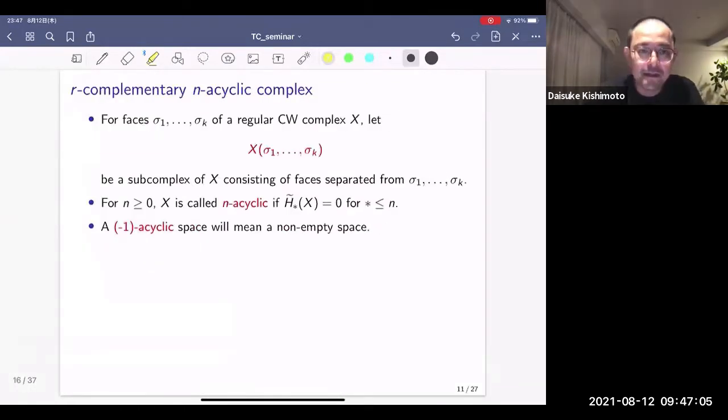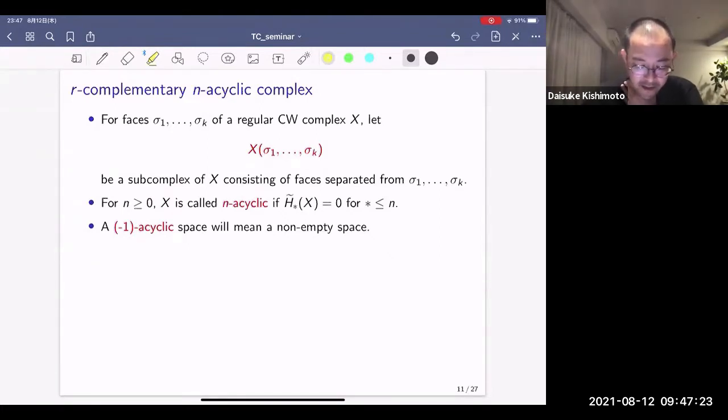To state the main theorem, let me introduce some simplicial complexes, which are called R-complementary n-acyclic. Okay, let's set notation.